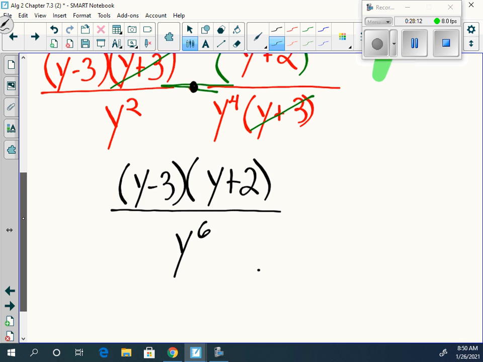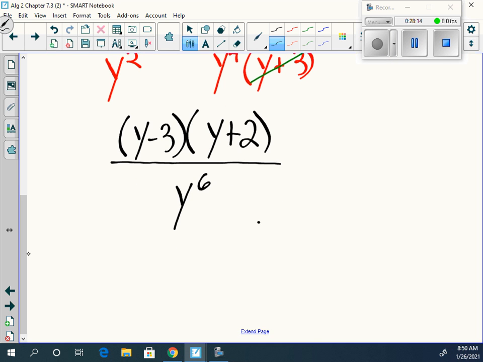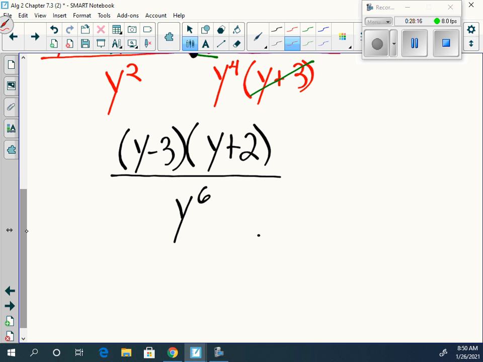Now, we need to figure out what y cannot be. We need to figure out our restrictions. Well, we have y squared and y to the 4th, yes? So is the restriction for y and y to the 6th going to be the same thing? Because we're trying to see what causes these to equal 0, yes?